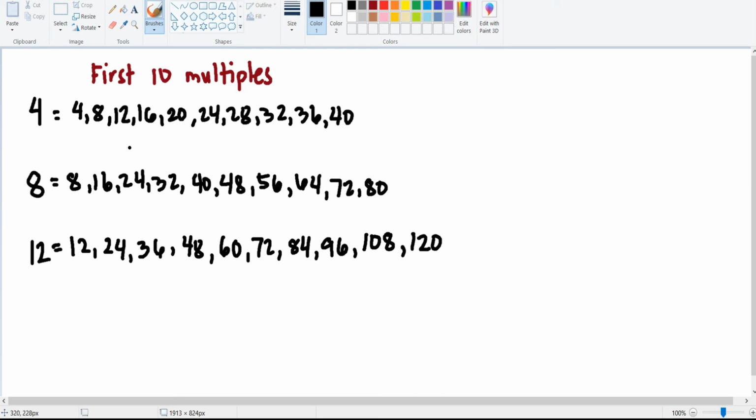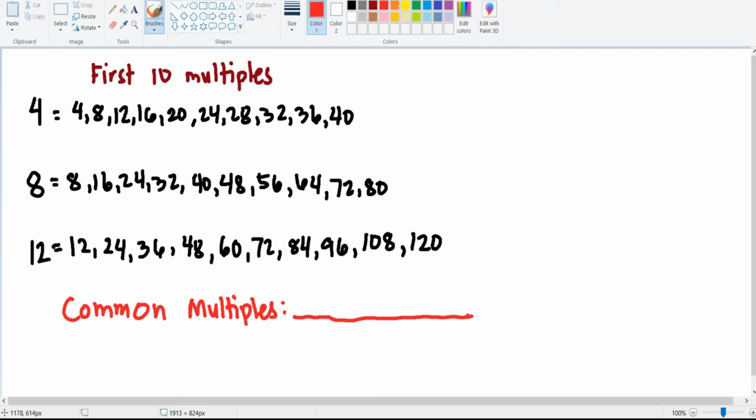Now it is time for us to identify the common multiples. A while ago, we were just looking for the same two numbers. This time, because there are three given numbers, we are going to look for the three same numbers.